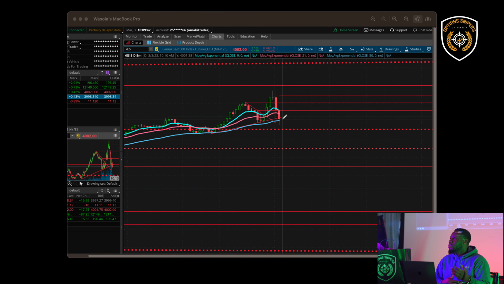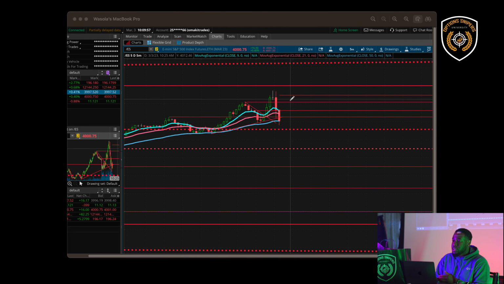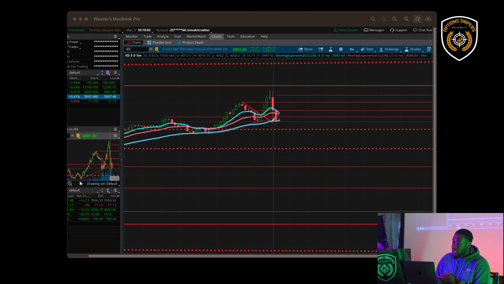So what that means is, if this is our 50-yard line, we're saying that if we're above it, then we're on the call side, okay? Which means we would potentially be going up. That would be our bias per se. If we're below the 50, then our momentum is more so towards the put side, which would be going below.